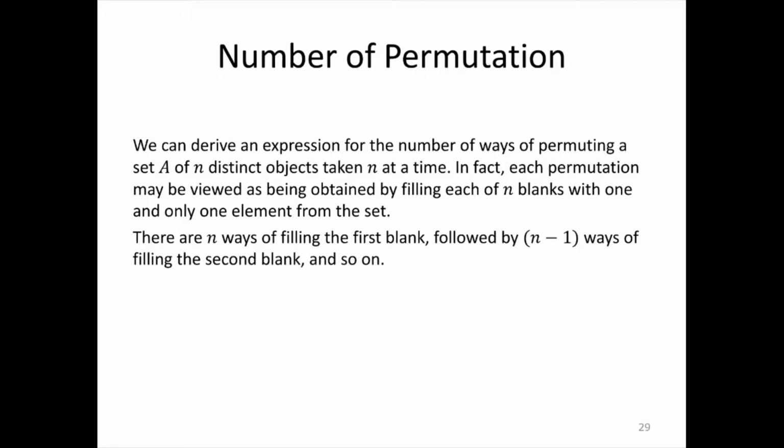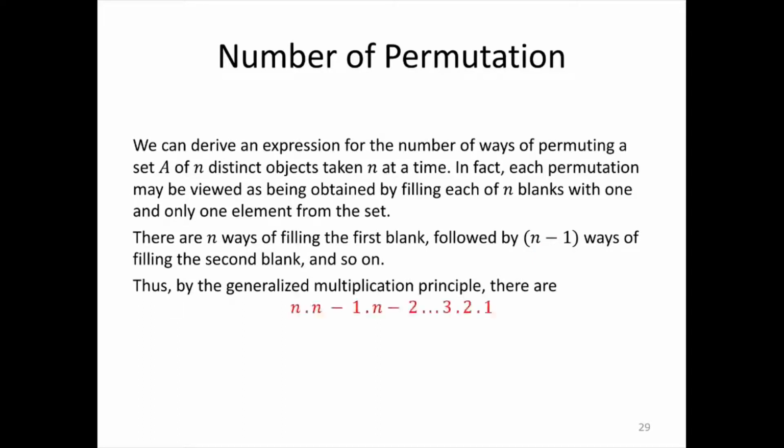Fill the first blank position with n ways, the second one with n minus 1 ways, and so on and so forth. Altogether we will have n times n minus 1 times n minus 2, and so on until times 1. So that's the way of permuting the elements of the set A.